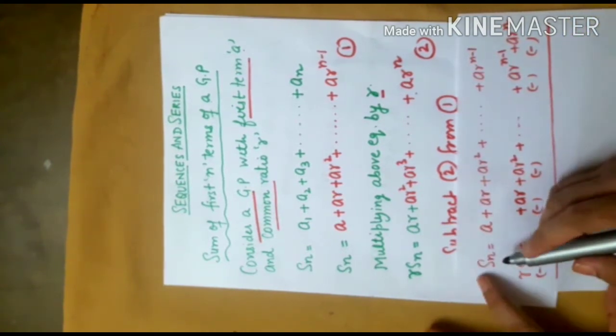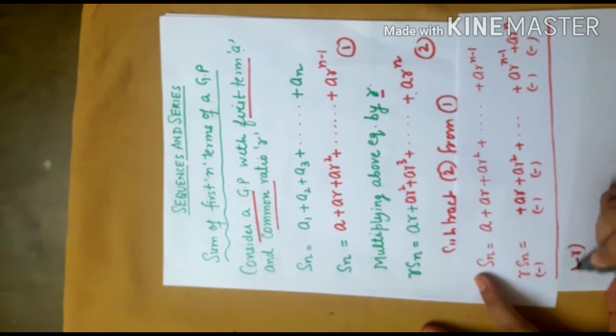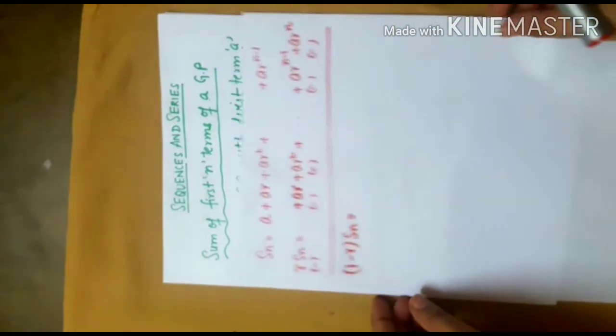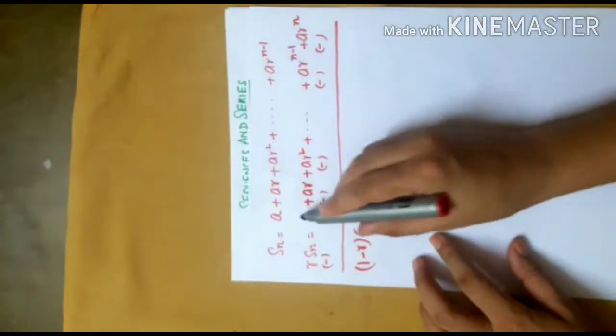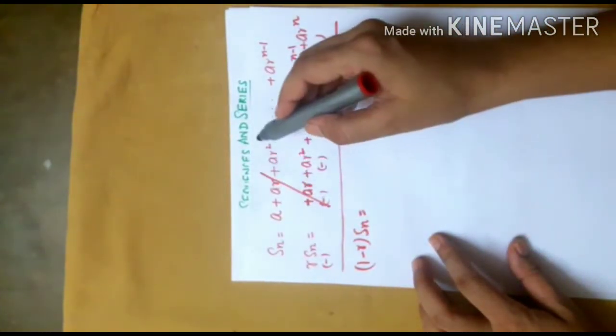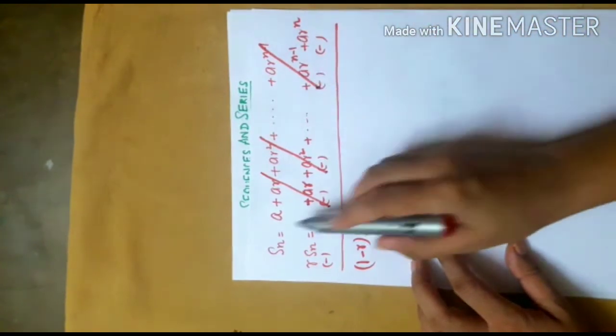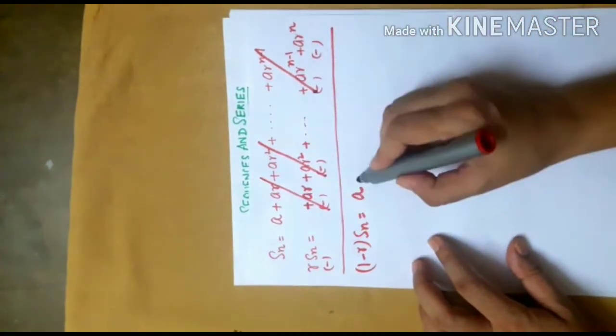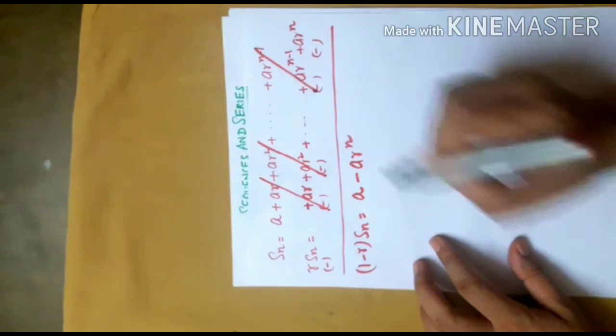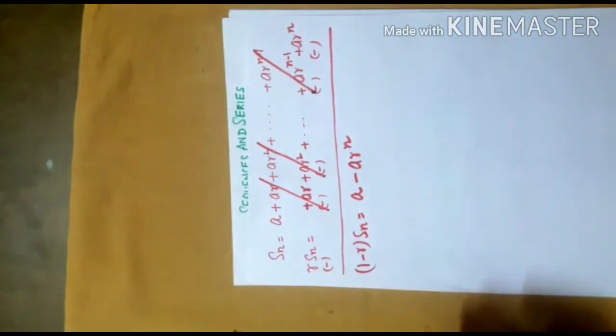Yes, here I'll get 1 minus r into Sn will be equal to, this will get cancelled out, this will get cancelled out, this will get cancelled out. I'll be left with a and minus a into r raised to the power n.